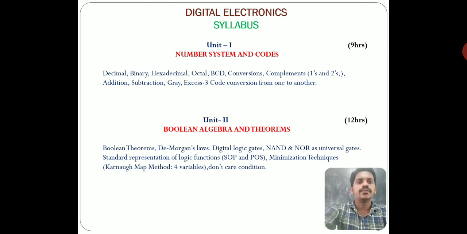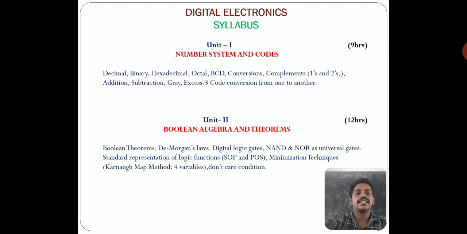Now, Unit 2, Boolean algebra and theorems. The mathematician Boole defined different types of Boolean theorems and laws for designing digital logic circuits. And SOP and POS, sum of products and product of sums, for design of digital circuits, to write a minimal expression of the Boolean function.